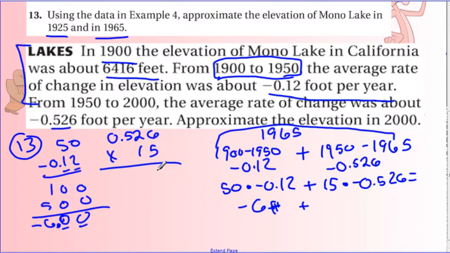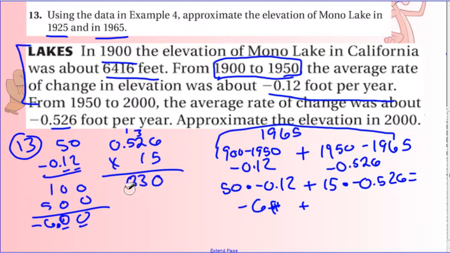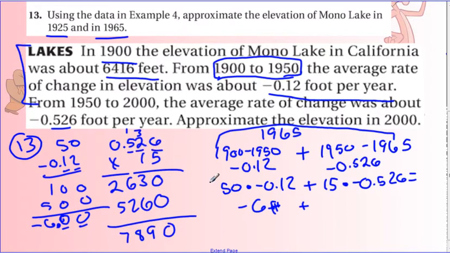So 5 times 6 is 30. 0, carry the 3. 10, 11, 12, 13, carry the 1, 25, 26. 6 and 2. Drop down, add a 0. 1 times 6 is 6, 1 times 2 is 2, 1 times 5 is 5. Add it up, 9, 8, 7. There are 3 numbers after the decimal in the problem, 3 numbers after the decimal in the answer.